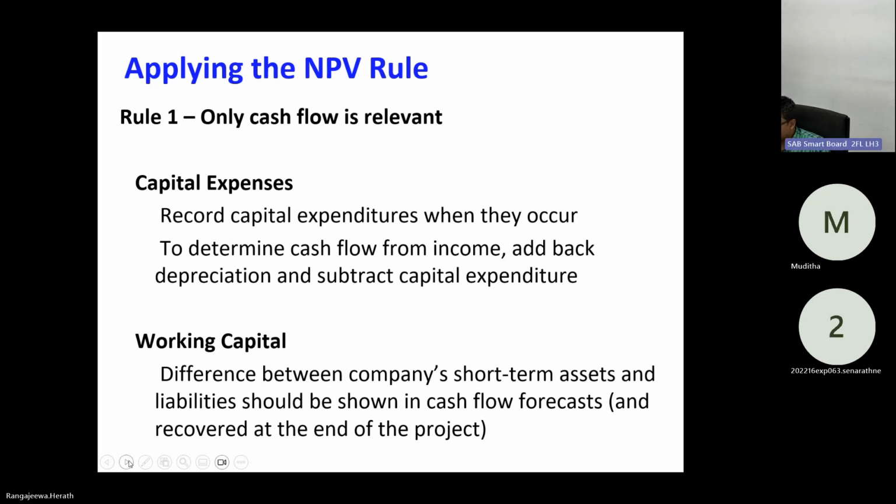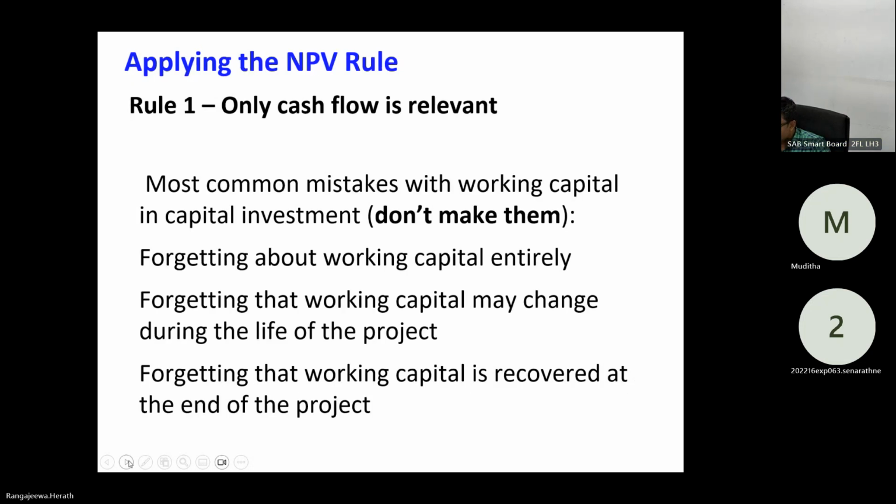And the working capital is the difference between short-term current assets and liabilities. There is a fund required to run the business, to run the project basically. The working capital is required for the capital investment.